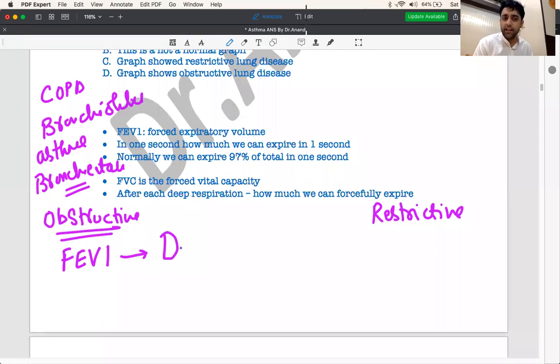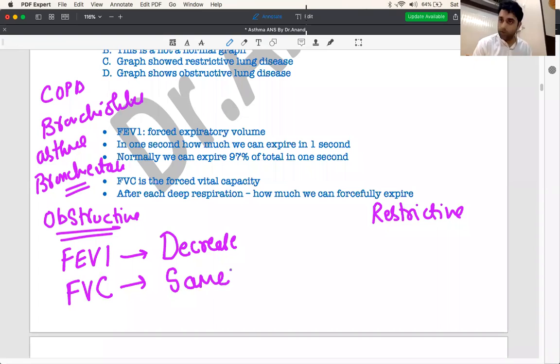It will decrease, because I'm having some airway problem. So the forced expiratory volume in my first second will decrease, but at the same time my forced vital capacity will be the same. Forced vital capacity will usually be affected in restrictive lung disease.